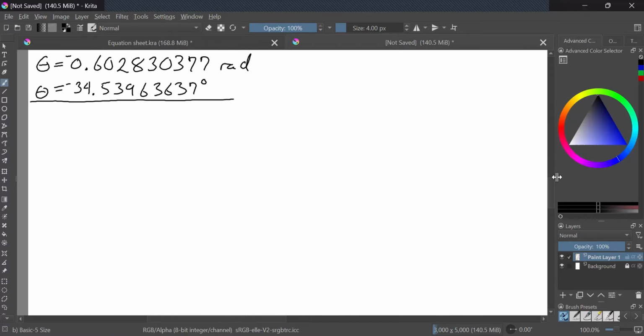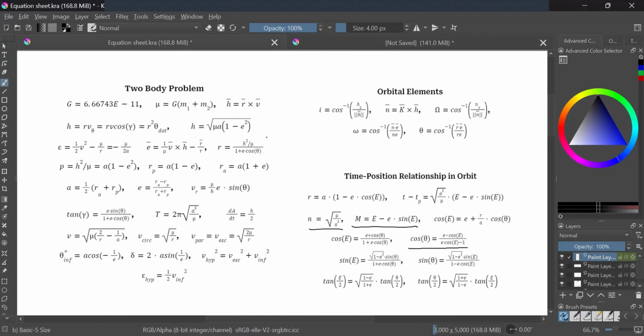And finally, I'm going to use the orbit equation for this one. And I like using a times 1 minus e squared for the numerator instead of h squared by mu.